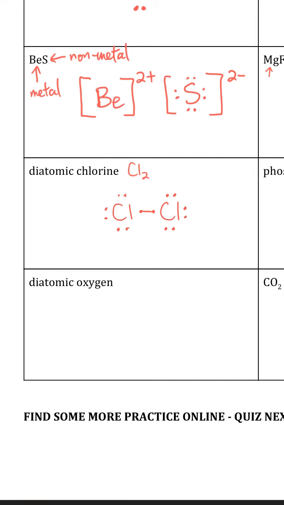In this bond that's formed, there are 2 electrons being shared, and plus the other ones gives you 8 for each chlorine, and that follows the octet rule.